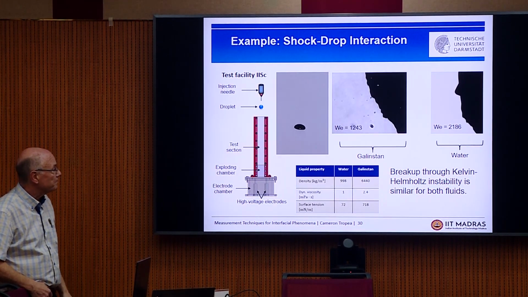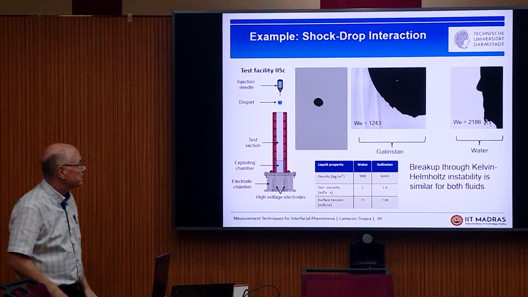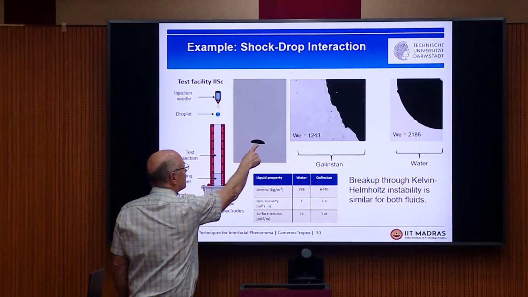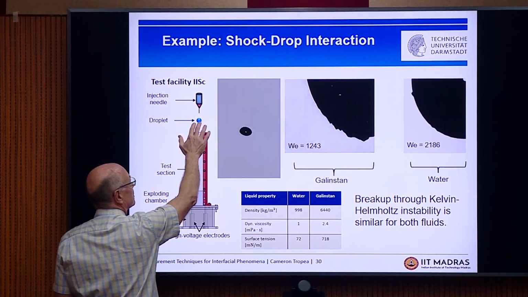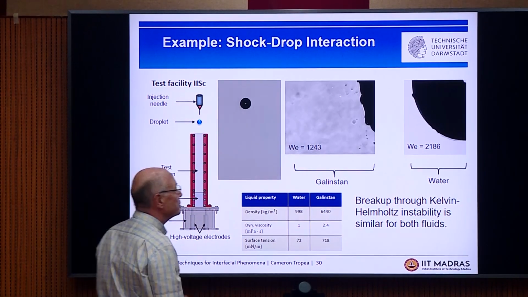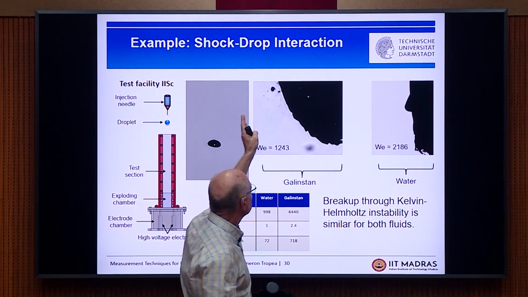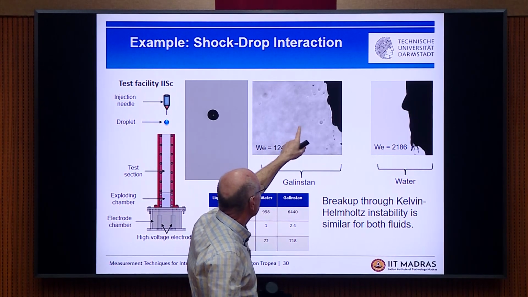This is an example we did a few weeks ago at IISc. Basically, this droplet is experiencing a shock wave that goes by it. So we produce a shock wave that goes by the drop, and watch it completely disintegrate. Now we're doing a really close up; you can see the shock wave coming by, and you can see the deformation of the droplet.